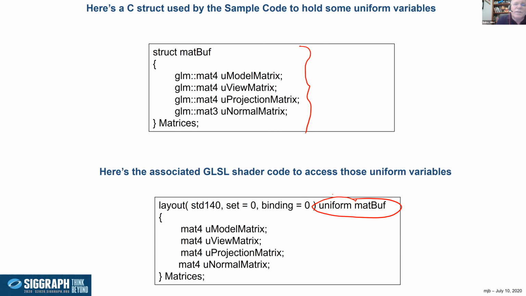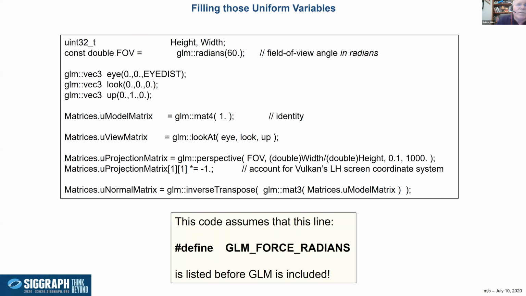I can't really send over just the model matrix and stick it here. I would have to send them all over and put them there, which implies that what I'm going to do is create a data buffer. That's how uniform variables are stored: you create a data buffer in GPU memory, and you fill it from the CPU. And so here's what's in the sample code.